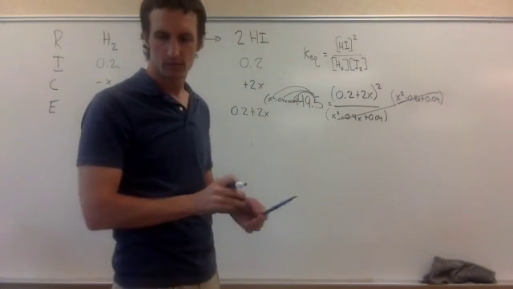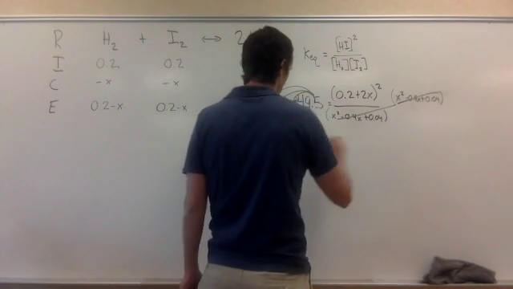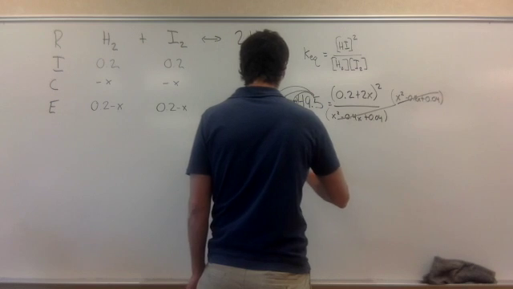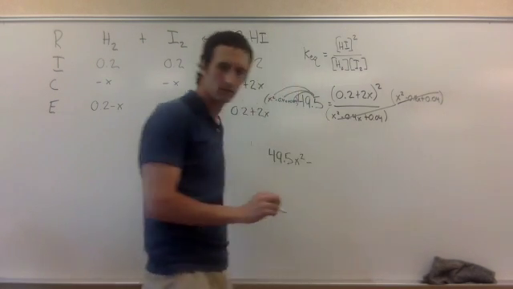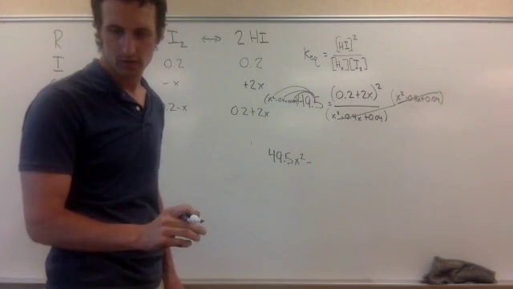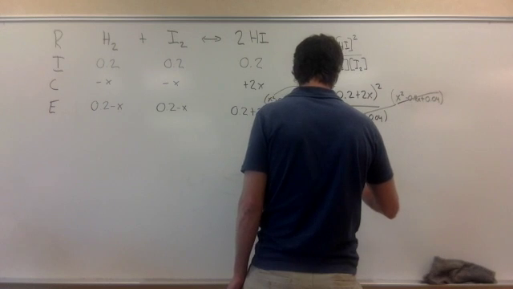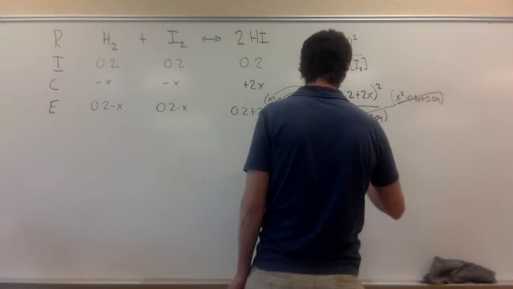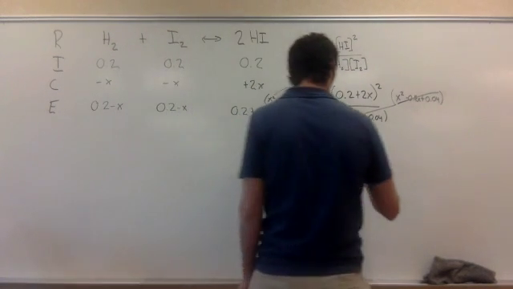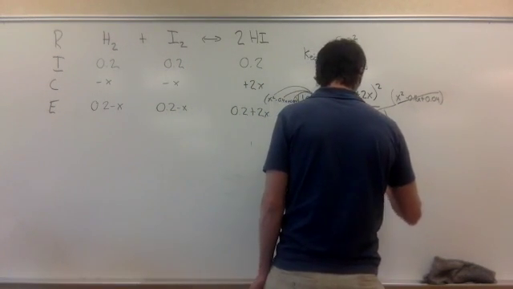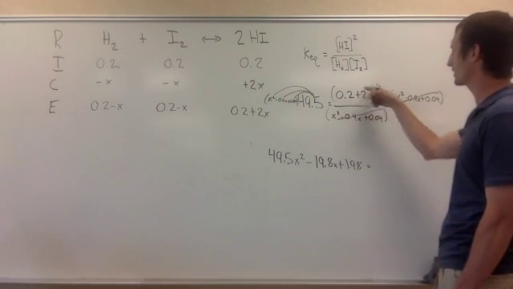And when you do, you should end up with, I'll rewrite it off here, 49.5 x squared minus, this was 19.8 x plus, this was 1.98. Oh, we got to square this too.